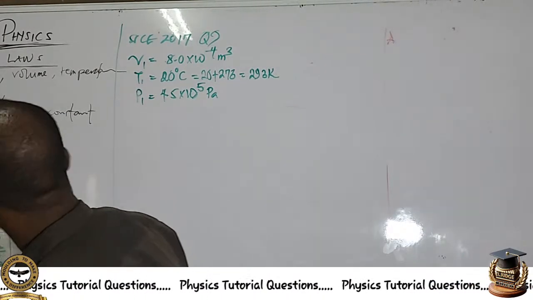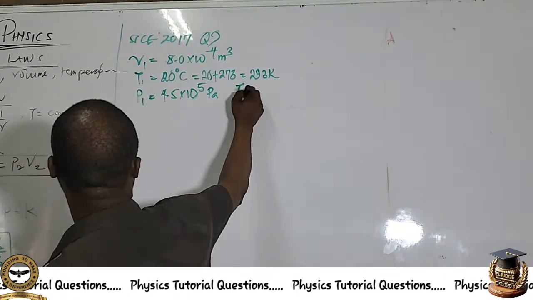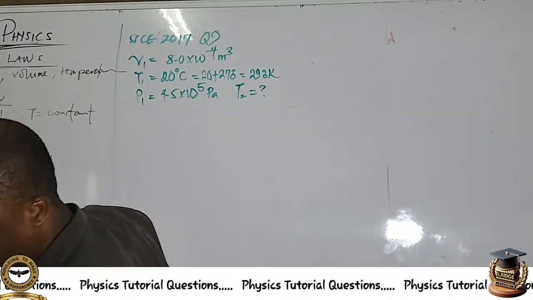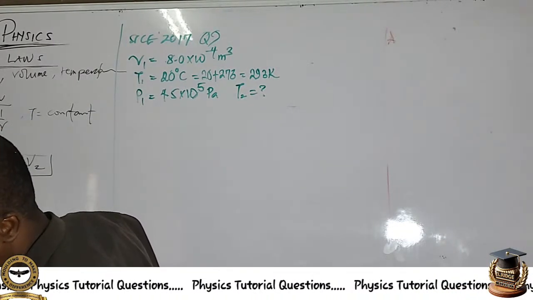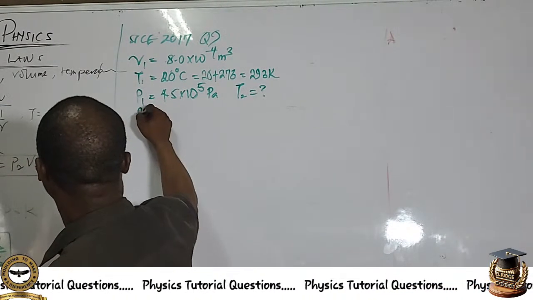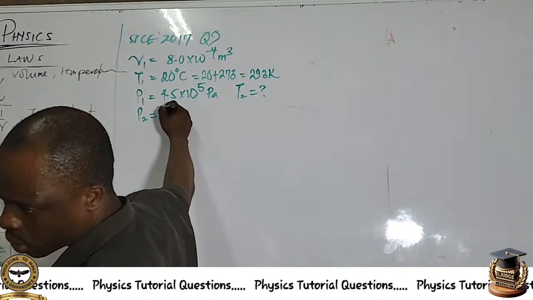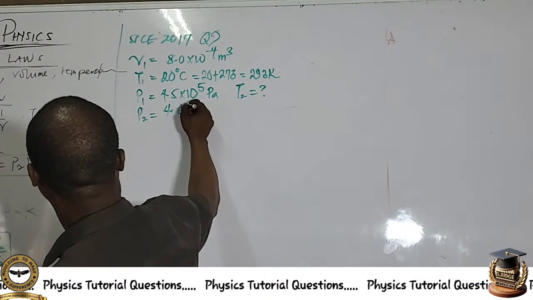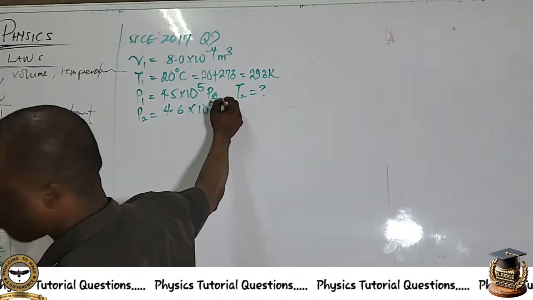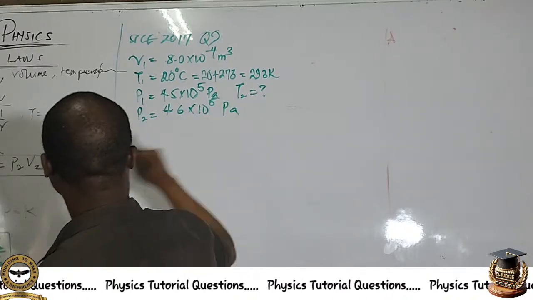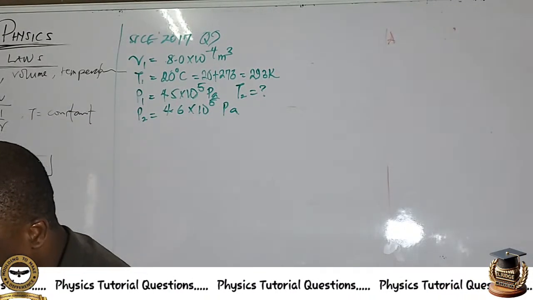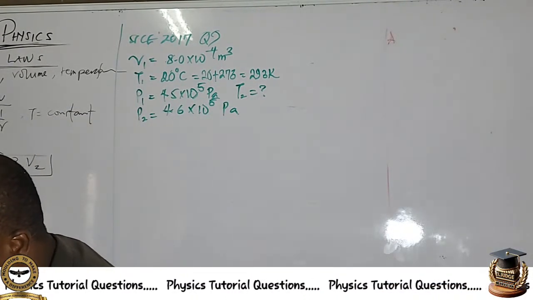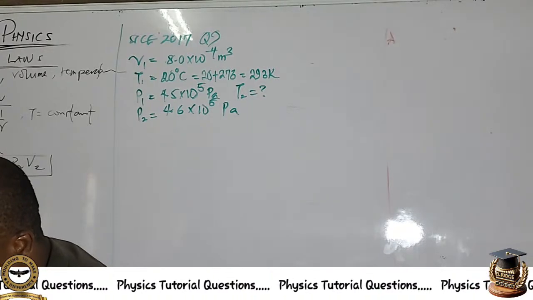Calculate the temperature of the gas at the end of the race, if the pressure has risen to, if the P2 has risen to 4.6 times 10 raised to the power 5 Pascal.